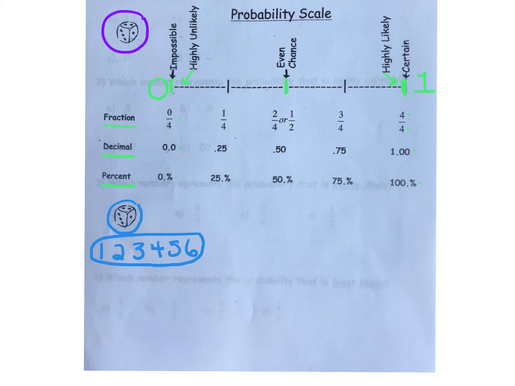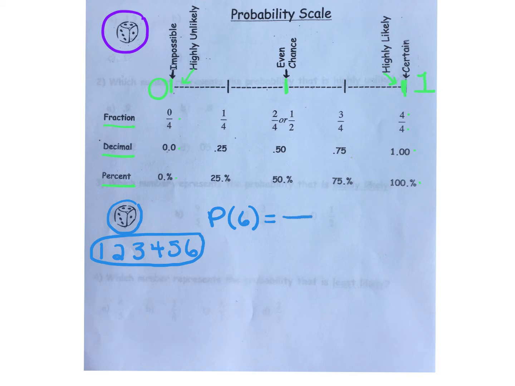Please draw this pool of elements on your page. Each outcome in the pool has the same chance of occurring. Let's do a simple probability, like what's the probability, please write down these notes, of rolling a 6?